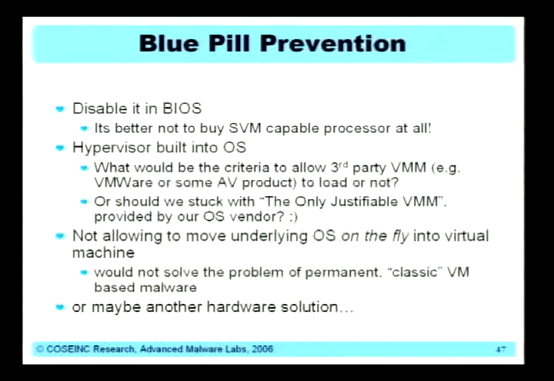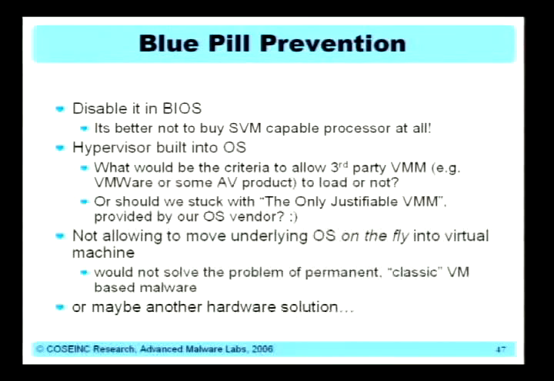Blue Pill prevention. Well, we just heard that you can disable hardware virtualization on Intel processors in the BIOS. In my computer, which has SVM, I cannot disable it in the BIOS. There is no option in the BIOS for disabling the SVM extension on my AMD machine. But I heard that they are going to release some BIOS updates to make it possible.